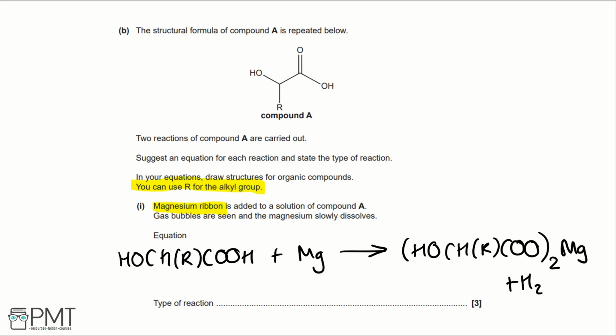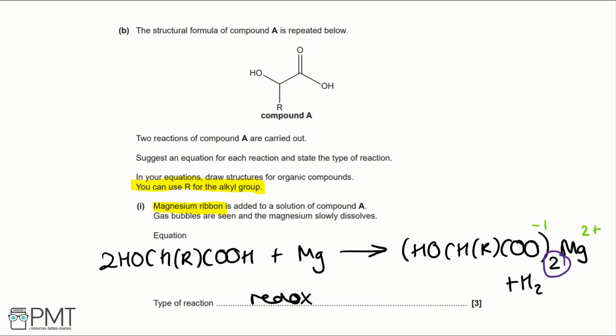To balance the equation, we need to have a 2 in front of our reactant to balance the 2 that we use here in order to balance the charges, because magnesium has a 2+ charge, and because we're only losing 1 hydrogen each time, this anion is going to have a -1 charge. So we need 2 to balance the charges. The type of reaction is a redox reaction.